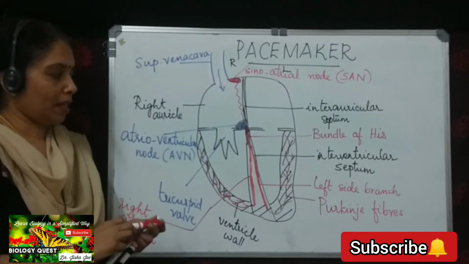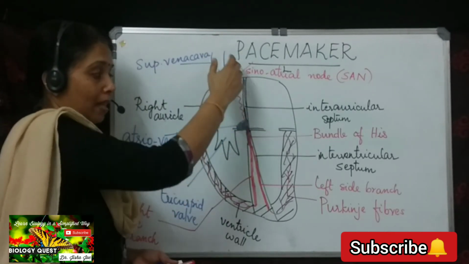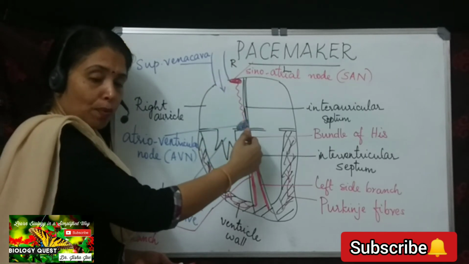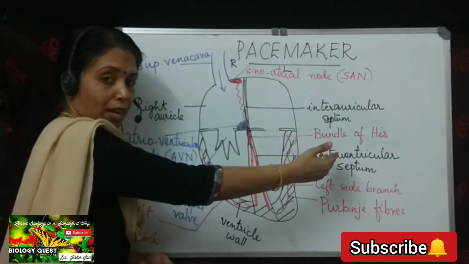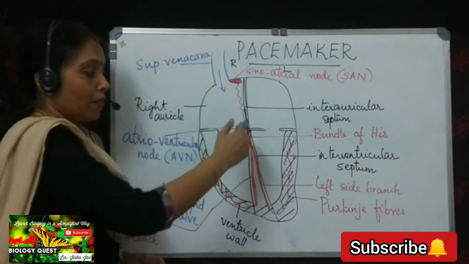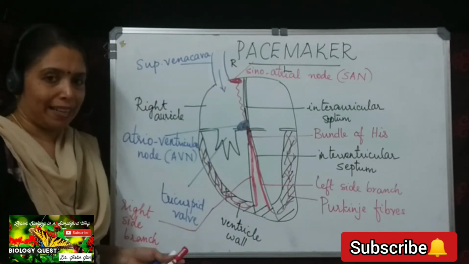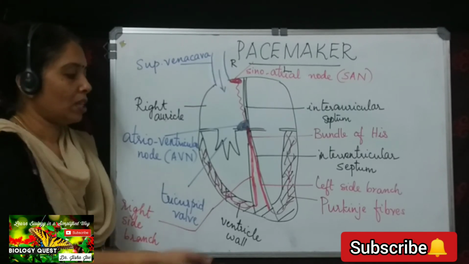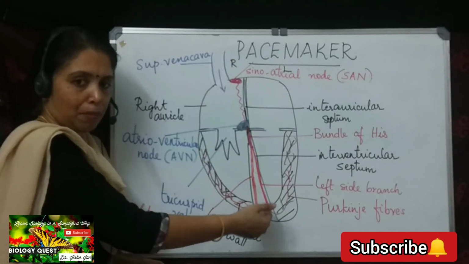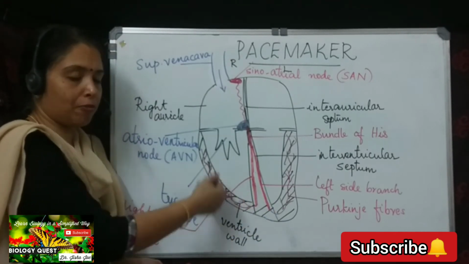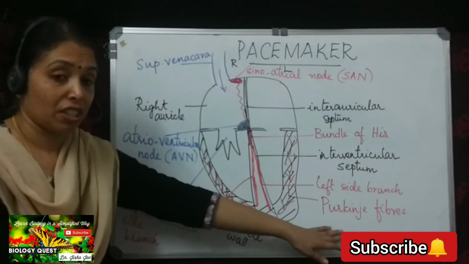So what are the different regions? First is the sinoatrial node or the pacemaker. Then comes the AV node or the atrioventricular node. Then from the atrioventricular node arises the bundle of fibers, which we call the bundle of His. The bundle of His enters the interventricular septum, divides into two branches, the right branch and the left branch, and it moves downwards, and at the bottom, it branches to form finer fibers, which are called the Purkinje fibers.